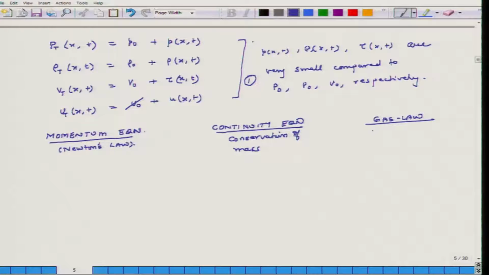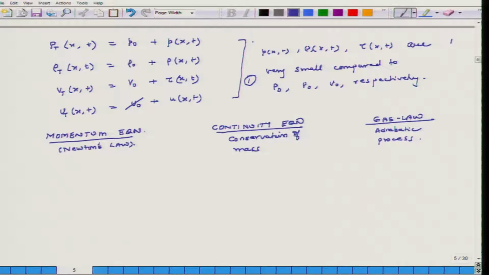Here we are going to use adiabatic expansion and compression of the gas. Why we choose that will be explained later, but at this time we will just write the gas law based on the adiabatic process.